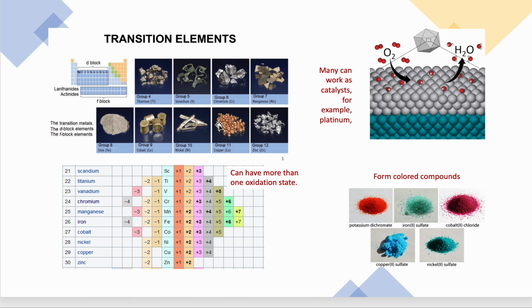However, the transition metals tend to form colored compounds. Here we can see some examples: potassium chromate or dichromate is kind of orange, then iron sulfate is kind of green or blue, and cobalt chlorides tend to have really, really nice colors.